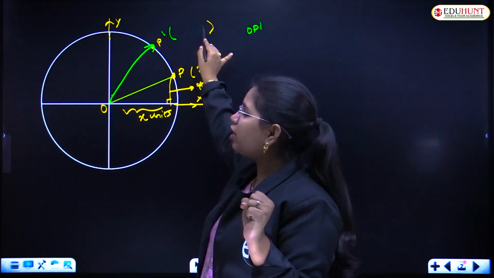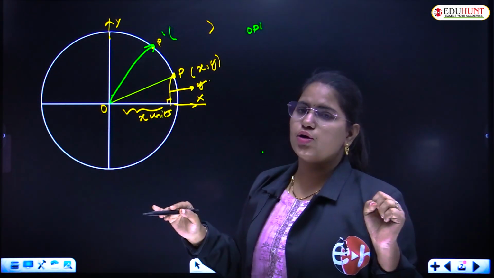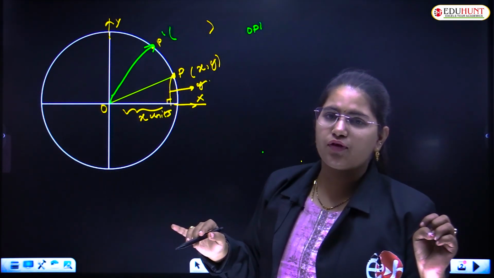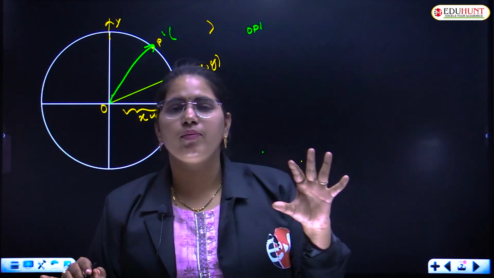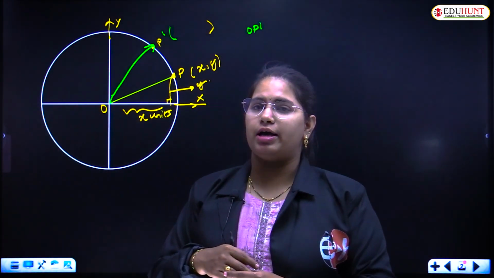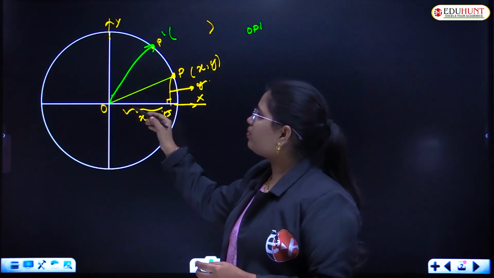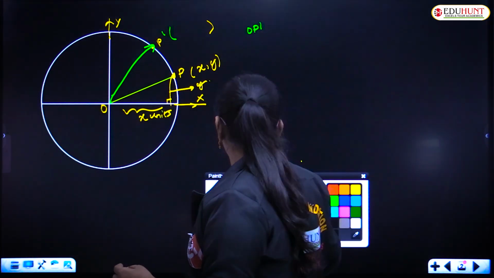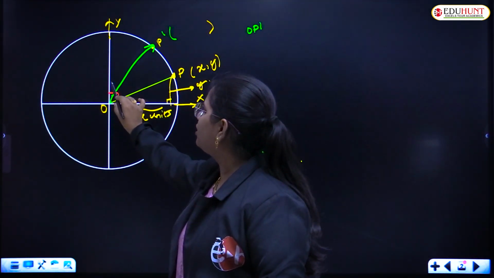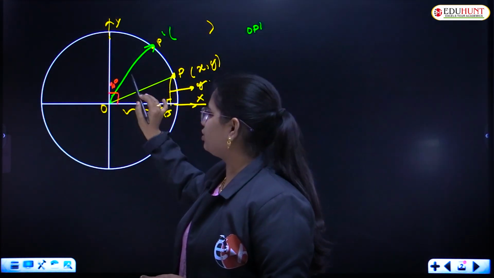Right. So what do you need to find out here? You need to find out the coordinates of P dash. How should I find out the coordinates of P dash? Right. From here to here the angle is 90 degrees.